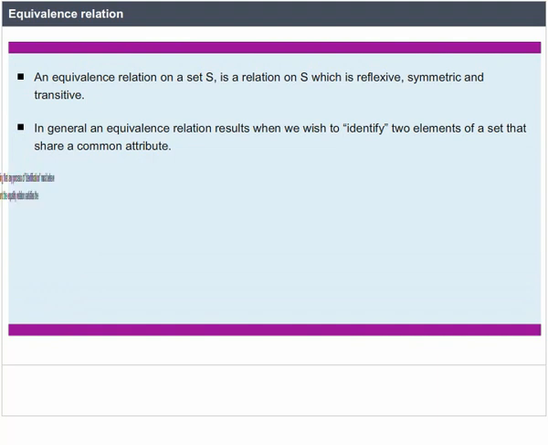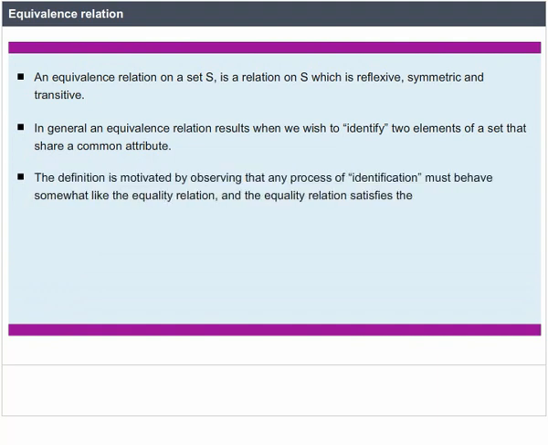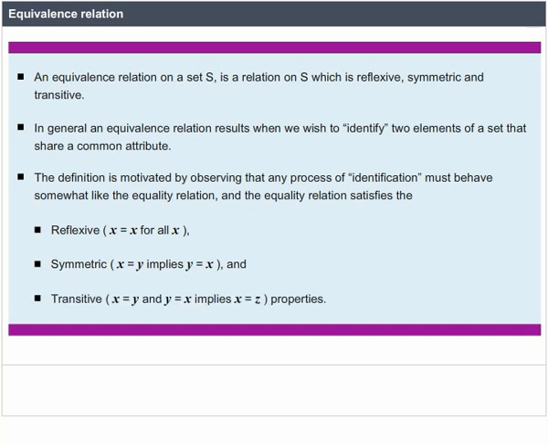The definition is motivated by observing that any process of identification must behave somewhat like the equality relation. The equality relation satisfies the reflexive property, x equals x for all x; the symmetric property, x equals y implies y equals x; and the transitive property, x equals y and y equals z implies x equals z.